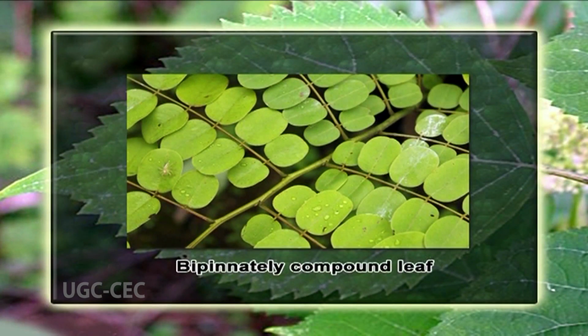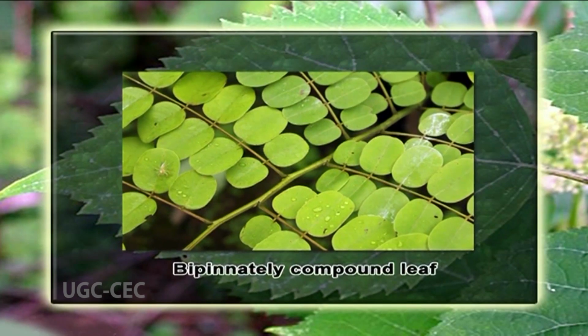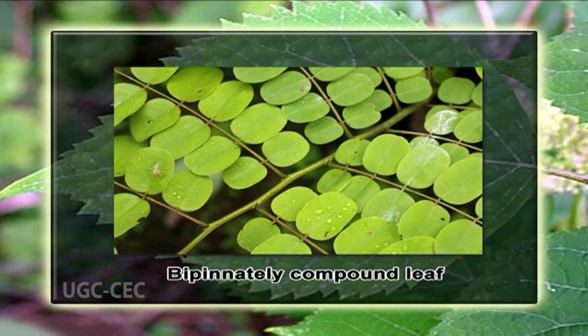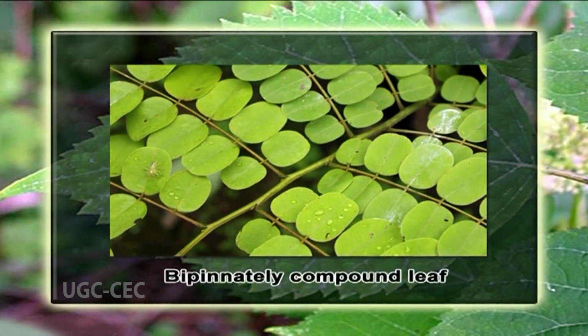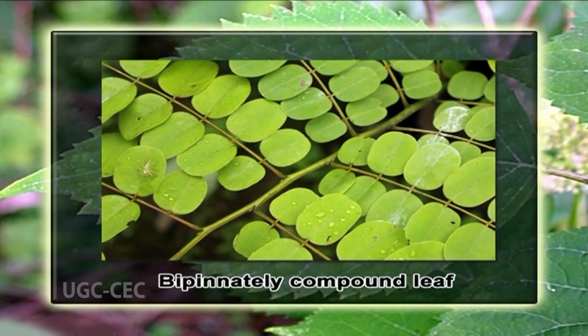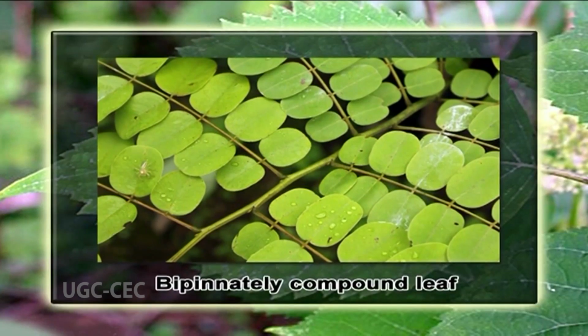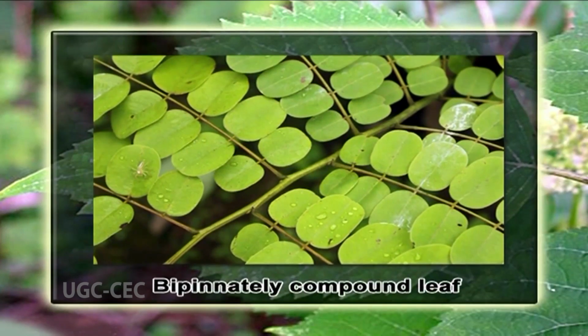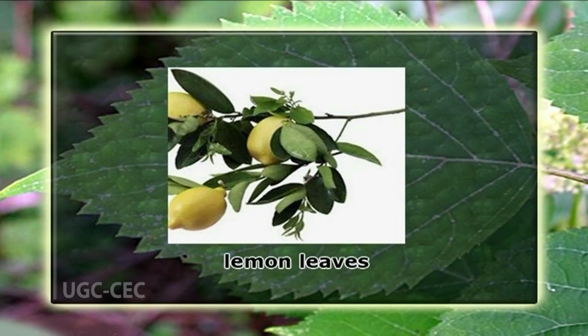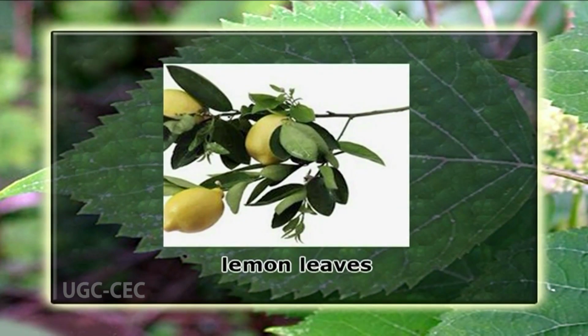Now, bipinnate. It's a twice pinnate compound leaf. The pinnae are dissected again into pinnules. Thus, the main rachis produces secondary rachises which bear the pinnules. For example, Acacia nilotica, Mimosa pudica, etc. Then tripinnate, a thrice pinnate compound leaf.